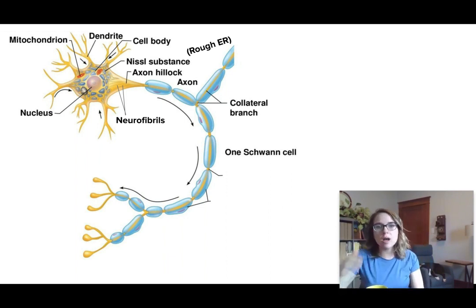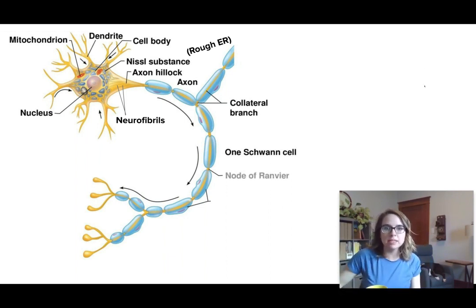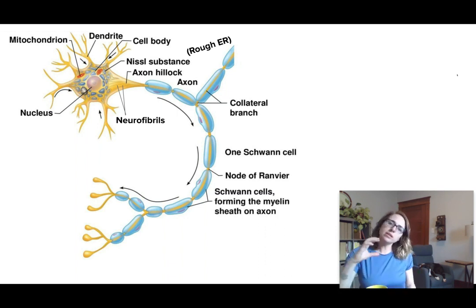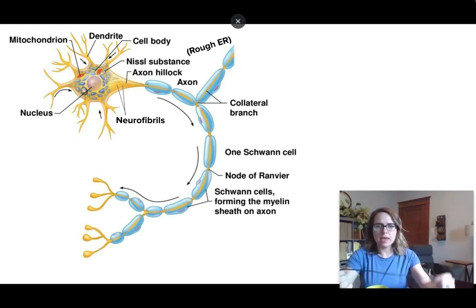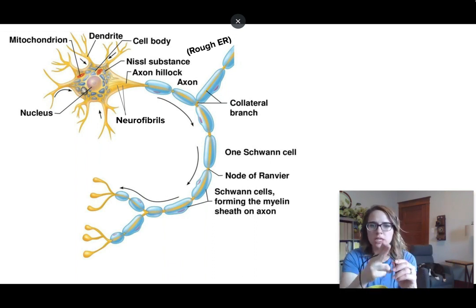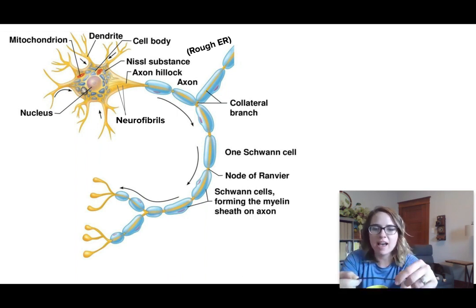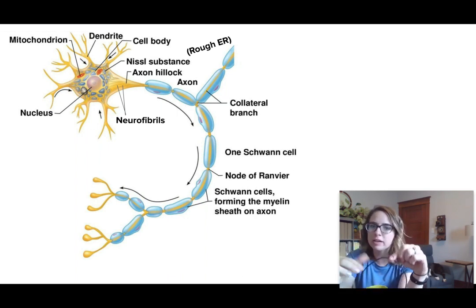But what the Schwann cell does, I'll come back to this structure here, but the Schwann cell ends up forming this fatty covering around the axon. Think of it like insulation. So like I have my mouse here, okay? And inside of here, if I were to cut it, my mouse wouldn't work anymore, but I would see wire. And the reason why it's not just exposed wire is because it would give me a little bit of a shock.